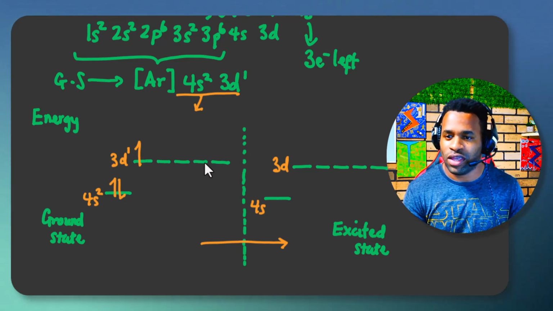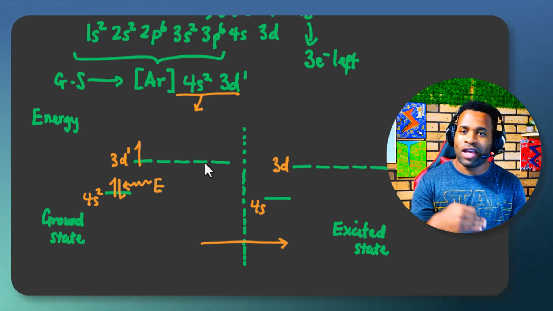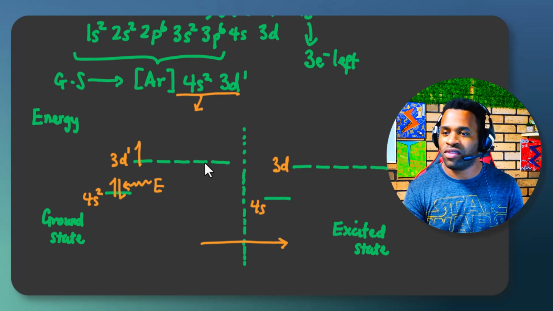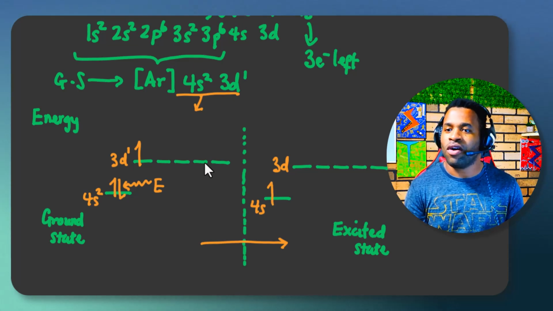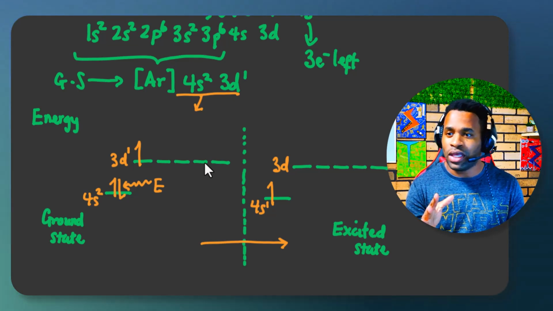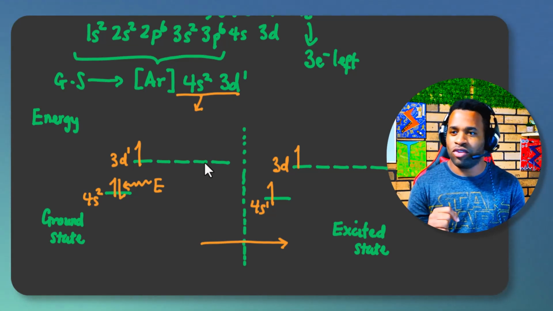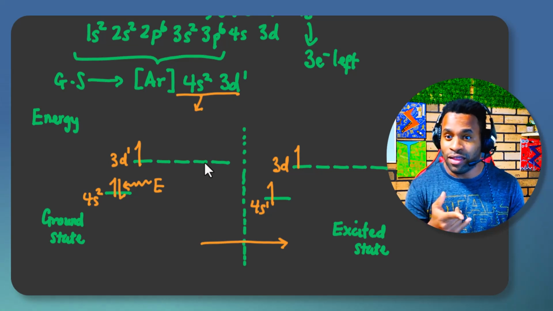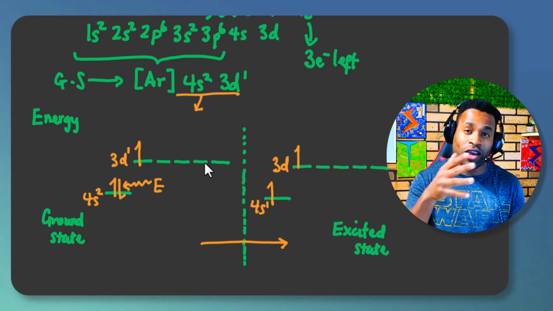And so what you see is that once that energy has gone into the electron, that electron jumps, and what happens is that your 4s now has 1 electron, and your 3d, which originally had 1 electron, will be joined by the 4s's second electron.